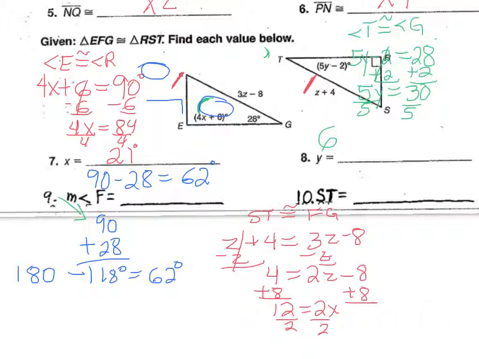It's not x, and it's not 2. It's z, right? Okay, z equals 6. Great, and then what do I do? I need to plug it in, right? Because they want ST. So it would be 6 plus 4, which is 10. And this is not degrees because it's a segment.